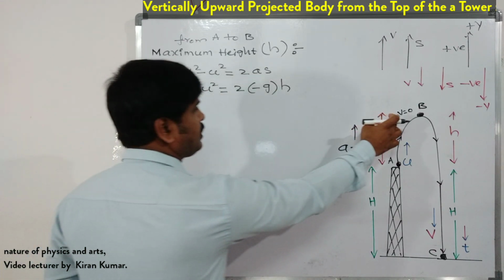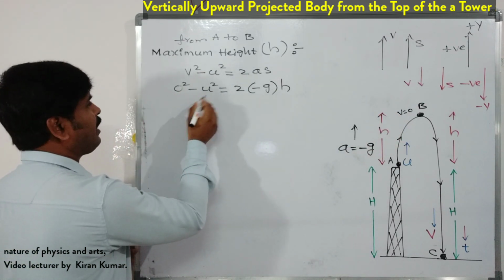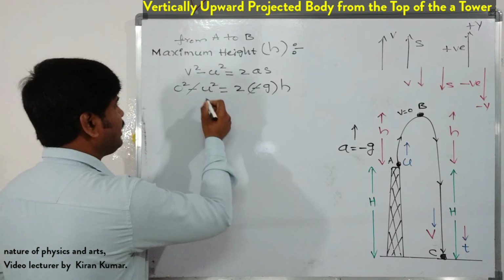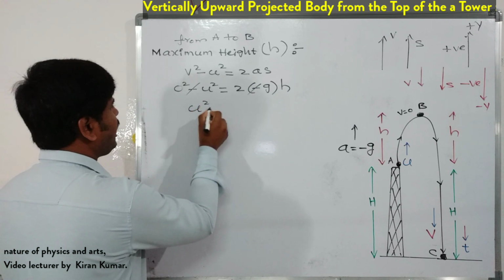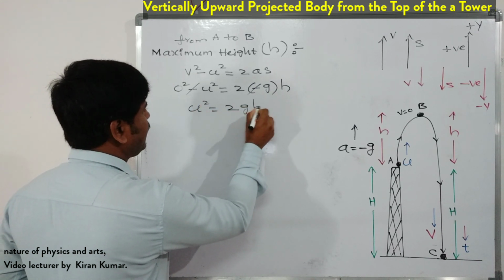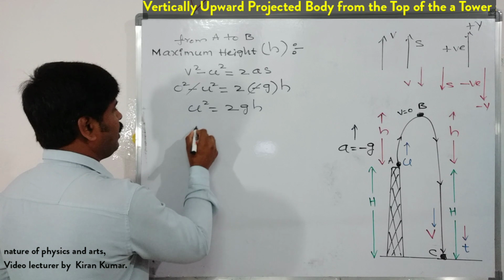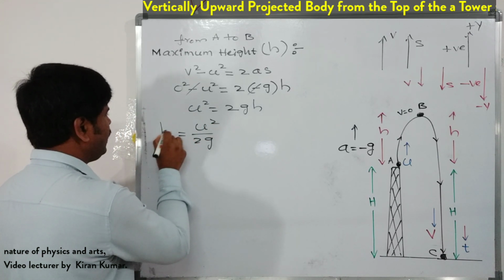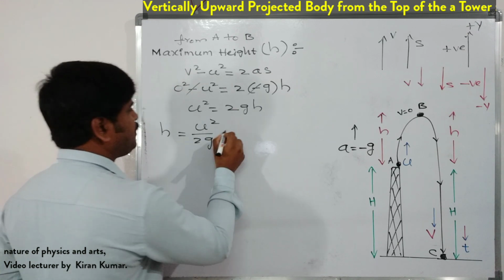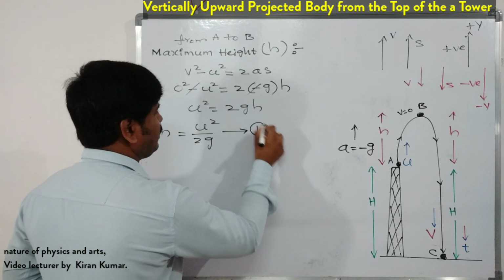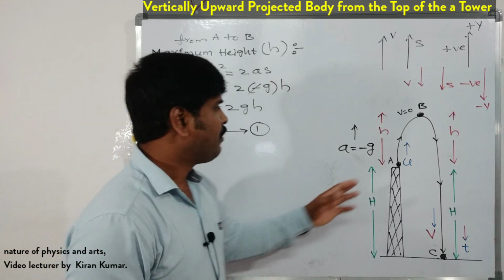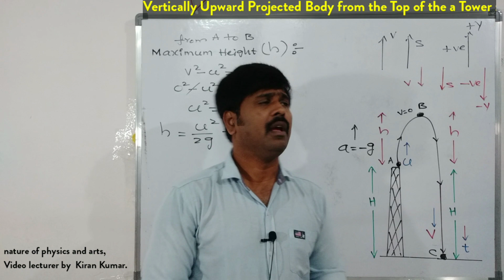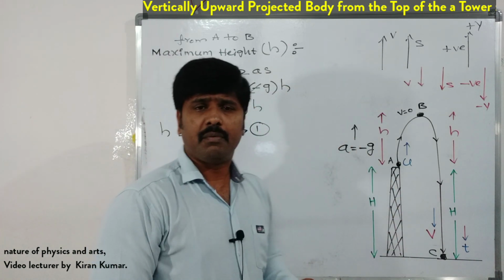The final velocity is 0, so the minus sign gets cancelled, and the resultant equation is u square is equal to 2gh. So u square by 2g is equal to h. This is the maximum height equation, taken as equation 1, from A position to B position, that is the maximum height from the top of the tower.